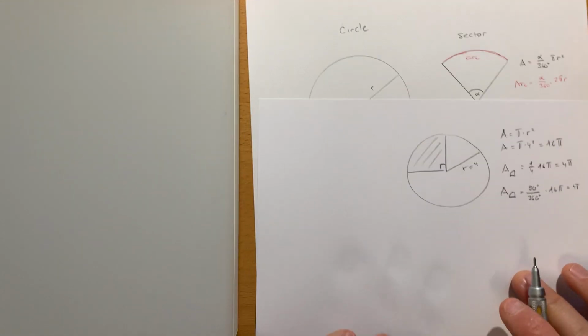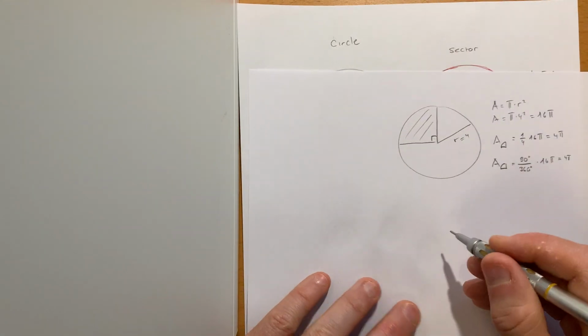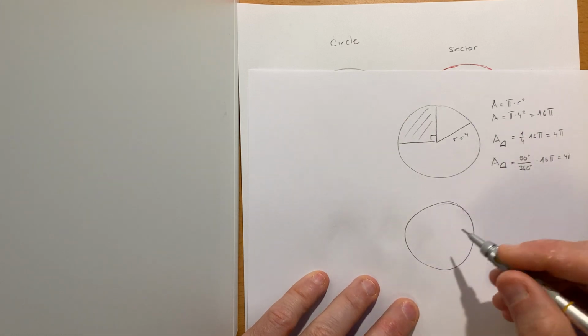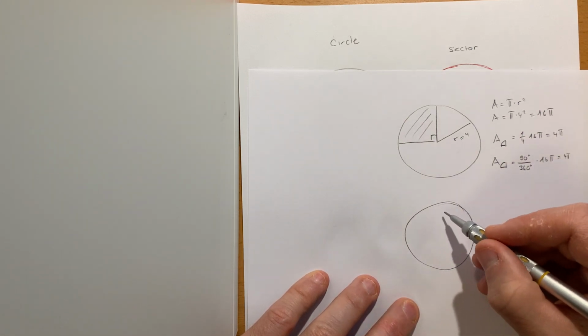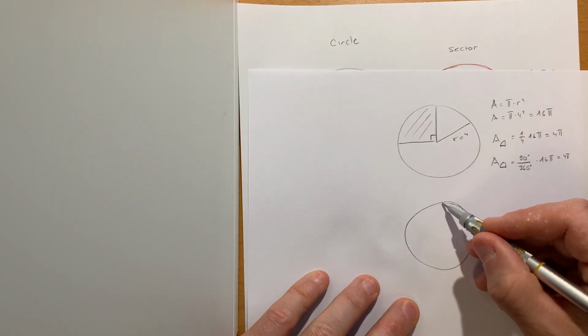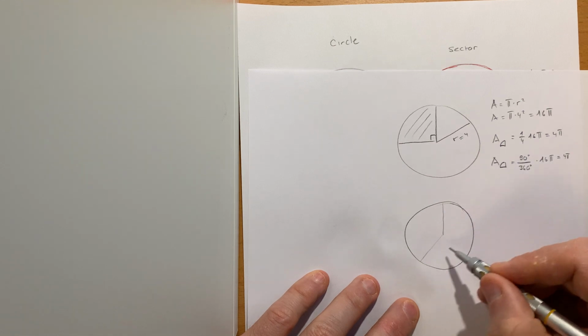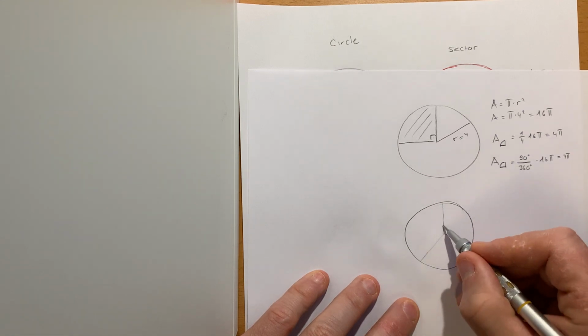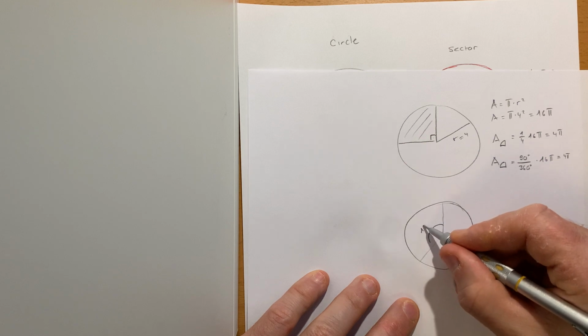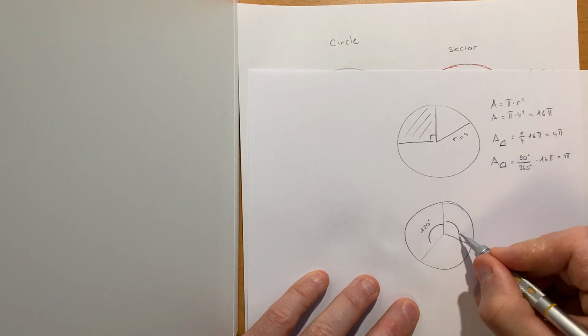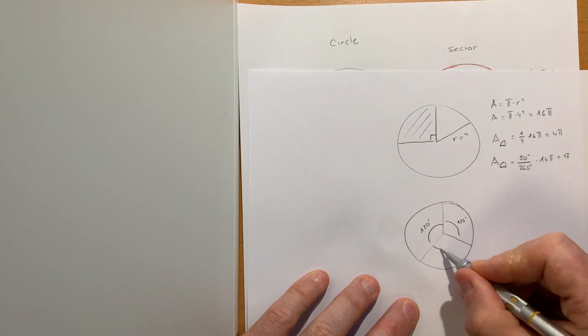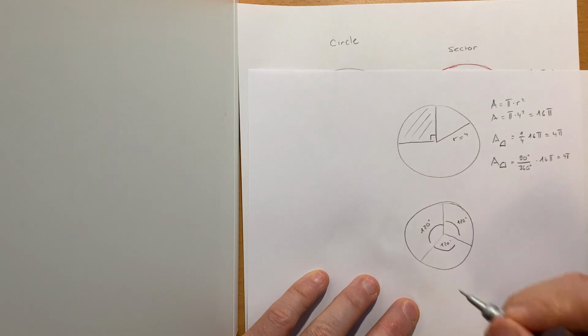If you took a third of your whole pizza, let's say this is a whole pizza, and then you have thirds here. Well, then you know this is 120 degrees. This is 120 degrees, and this is 120 degrees.